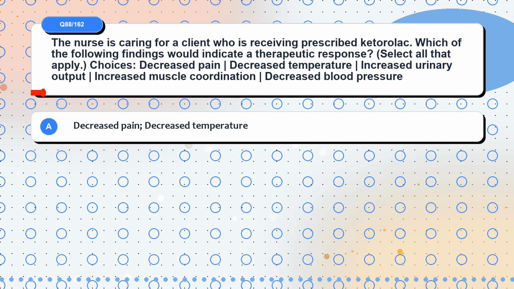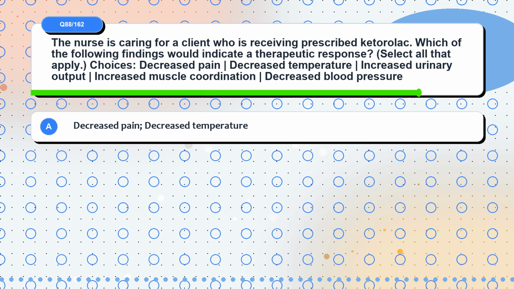Question 88. The nurse is caring for a client who is receiving prescribed ketorolac. Which of the following findings would indicate a therapeutic response? Select all that apply. Choices. Decreased pain, decreased temperature, increased urinary output, increased muscle coordination, decreased blood pressure. Here are the options.